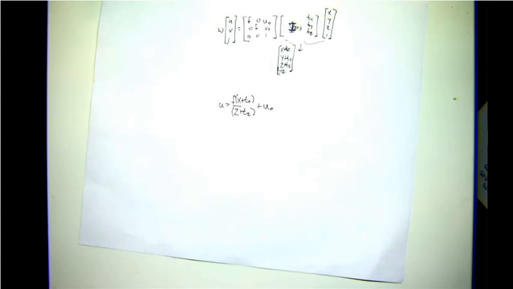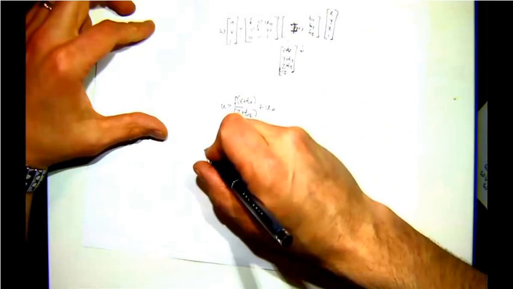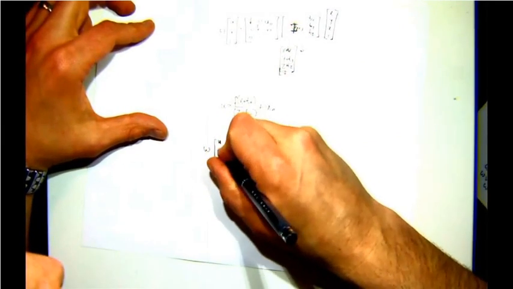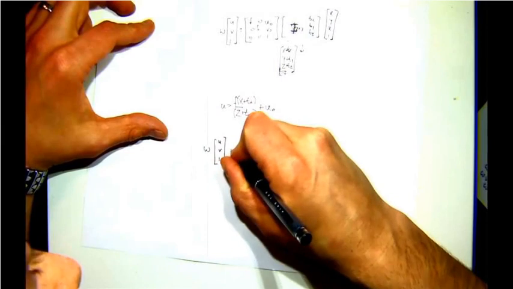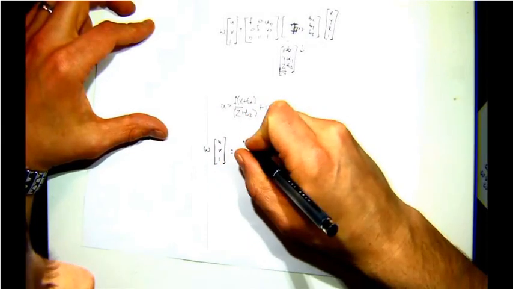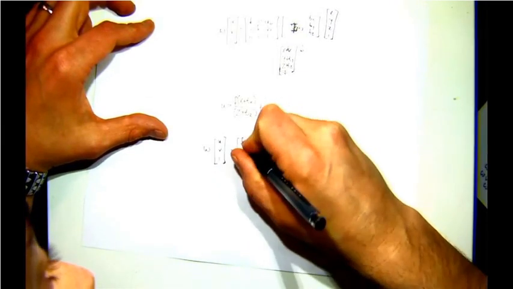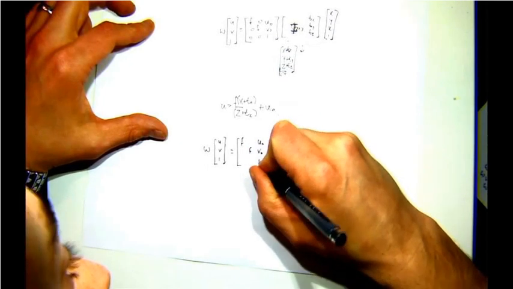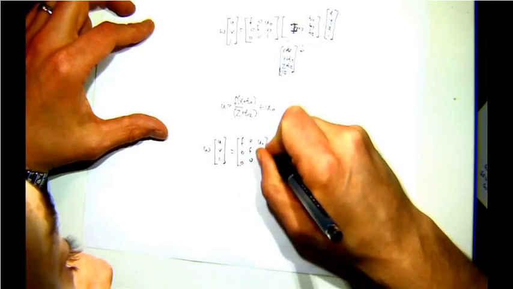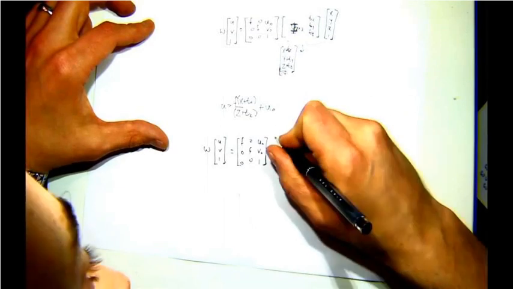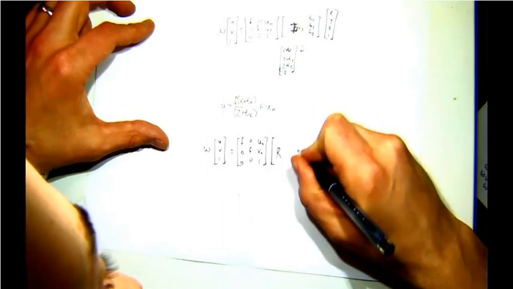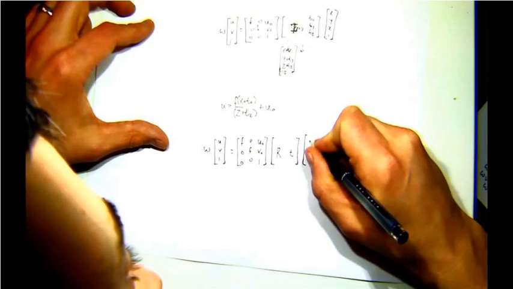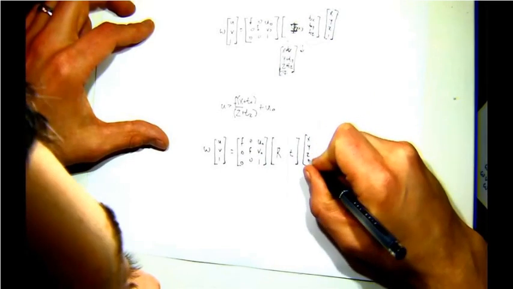Now I've also got this rotation. So the full form that we usually care about is that I've got w times (u, v, 1) equal to my simplified intrinsic matrix times some rotation and translation.